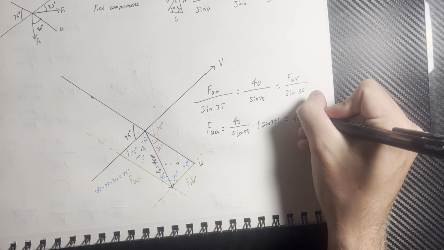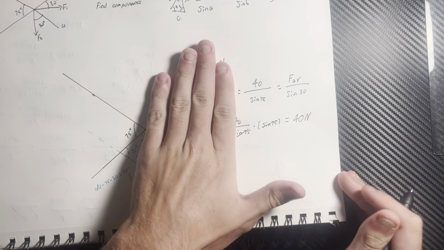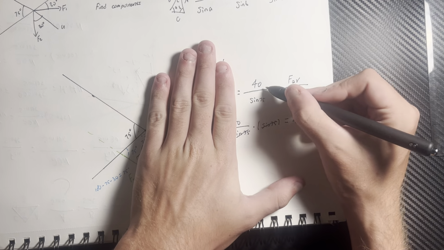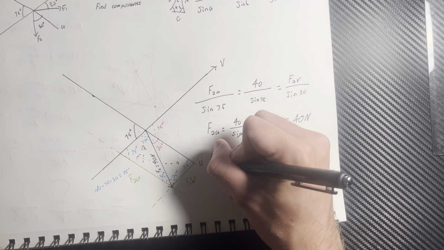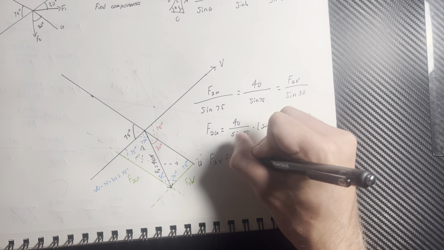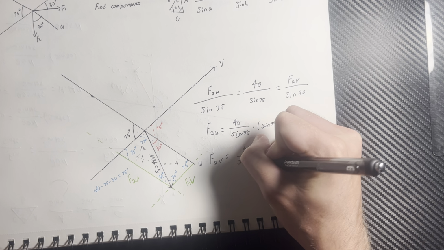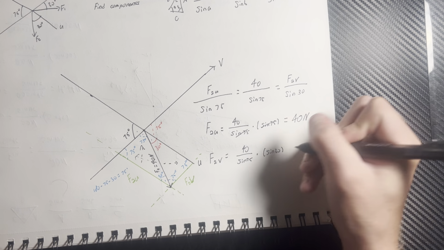And then, if we want F2V, we focus on here. We need to multiply sine 30 to this side in order to isolate F2V. So F2V is going to be equal to 40 over sine 75 times sine of 30.